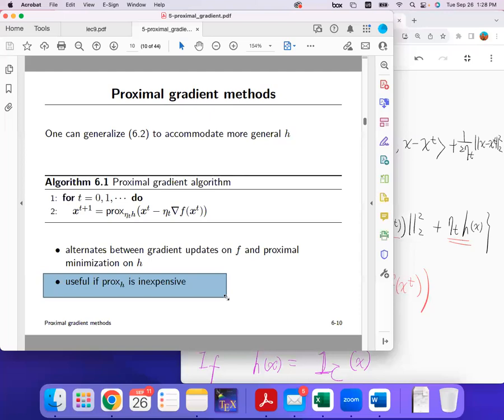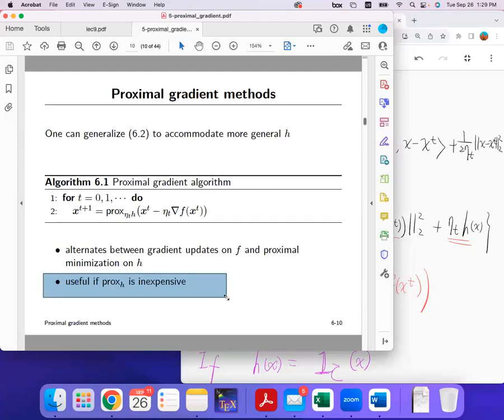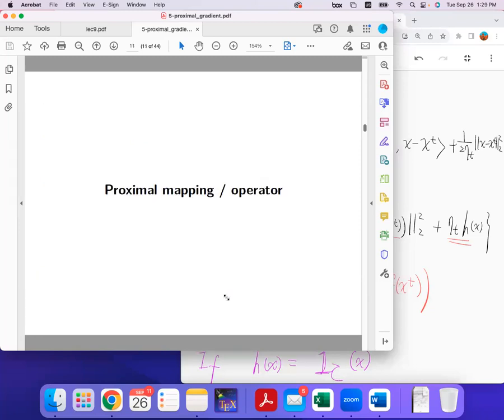So I guess the next question is how do we compute this operator, given some examples of H? This is our next part.